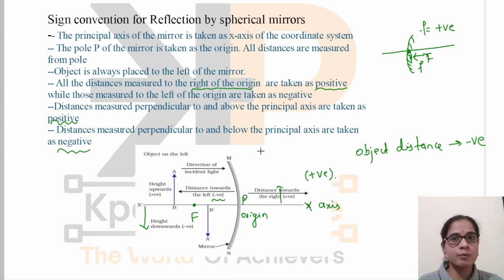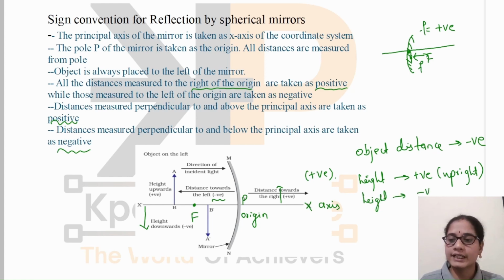Now, when we are talking about the height, if an erect, that is upright, image is formed, then the height will be positive, because we are measuring the distance above the principal axis. If an inverted image is formed, then the height will be negative.